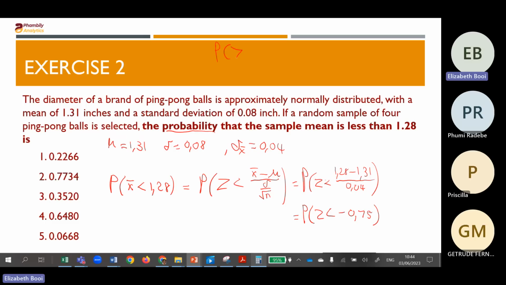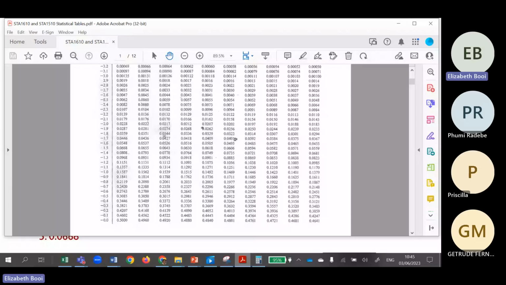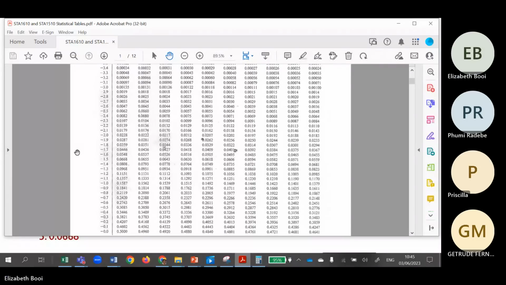They said if I need to find the probability that Z is less than a value, then I will find that on the table, right? That's all what we remember. So now let's go to the negative side of the table and look for minus 0.75.